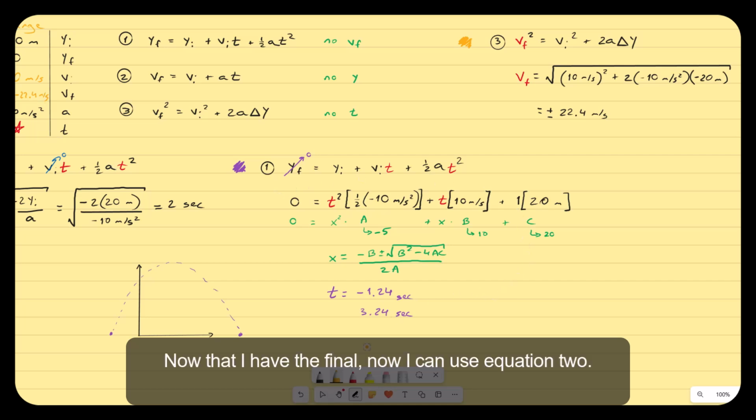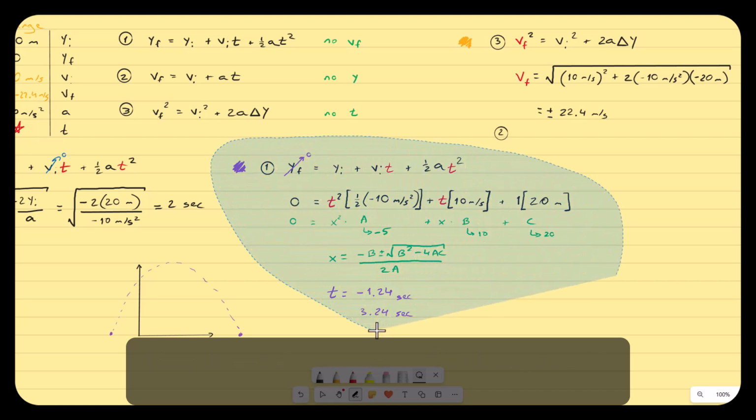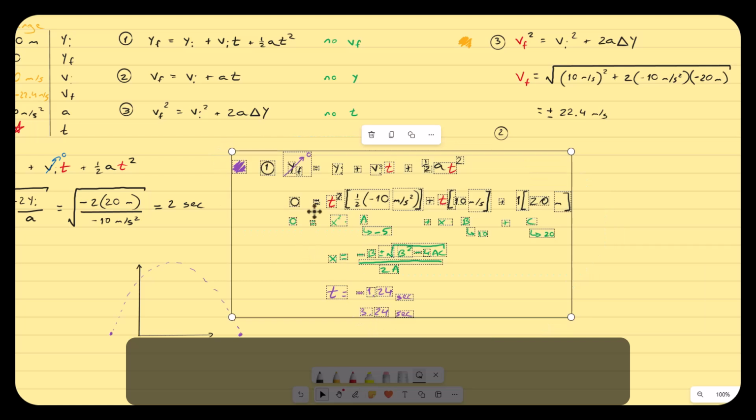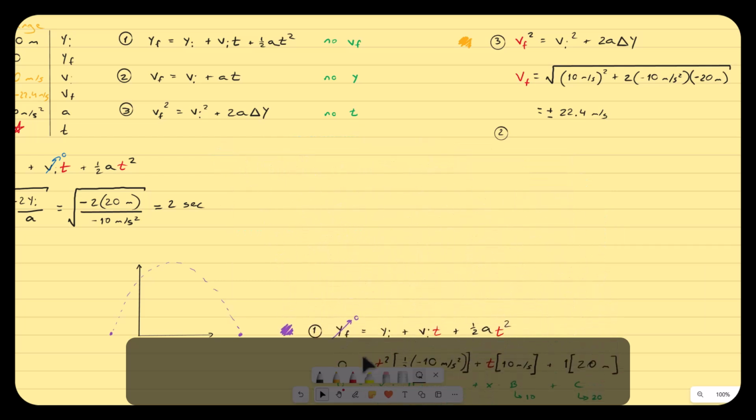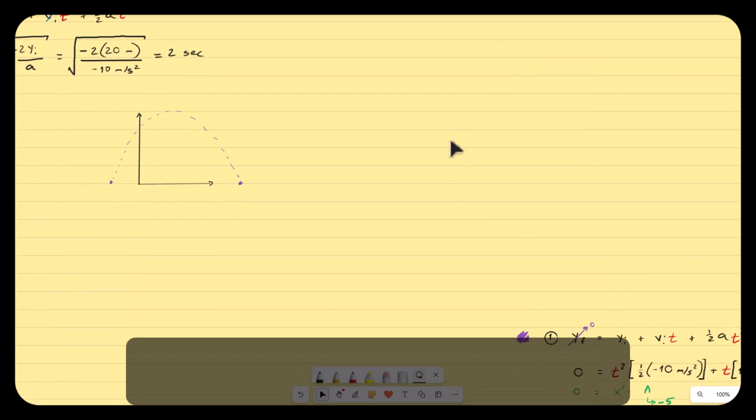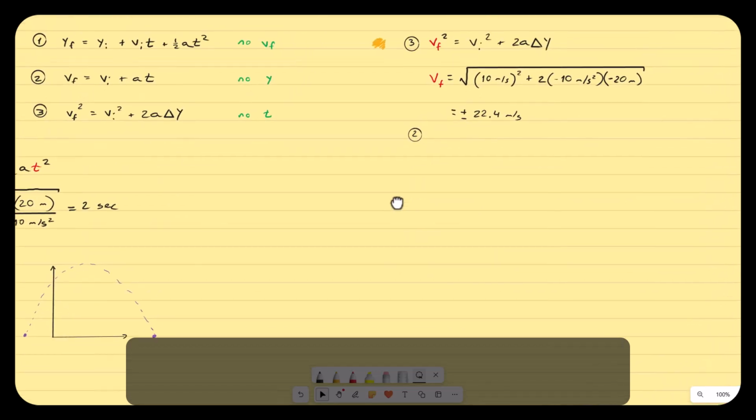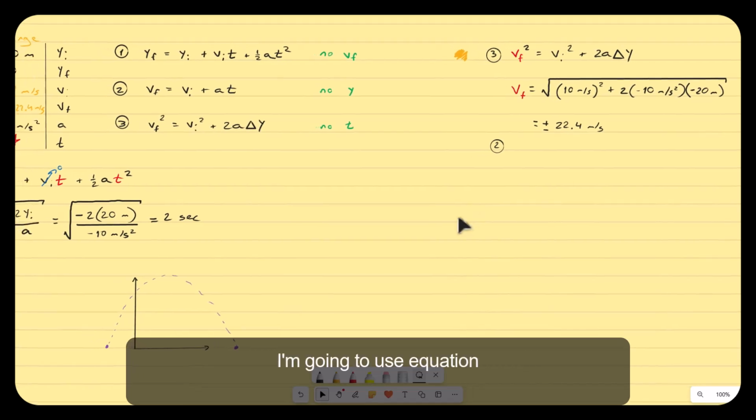Now that I have v final, now I can use equation 2. I'm going to take these things and just move them out of the way a little bit. Equation 2 says v final is v initial plus acceleration times time. Time is now the only variable in here that I don't know.